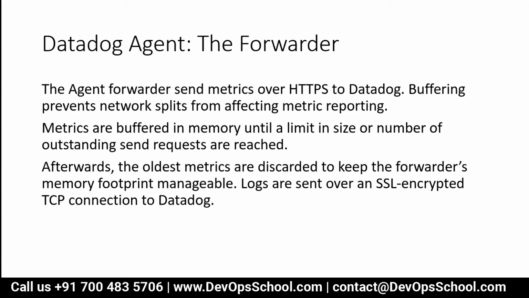The agent forwarder sends metrics over HTTPS to Datadog. Buffering prevents network splits from affecting metrics reporting. Metrics are buffered in memory until a limit in size or number of outstanding send requests is reached. That is through an SSL encrypted TCP connection to the Datadog application.